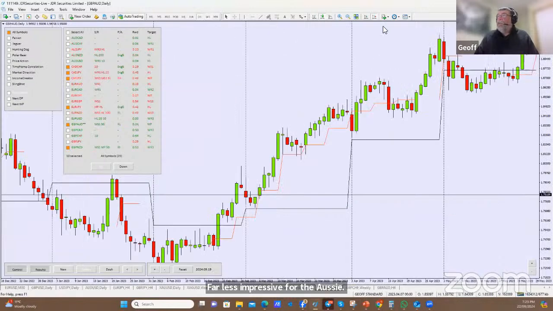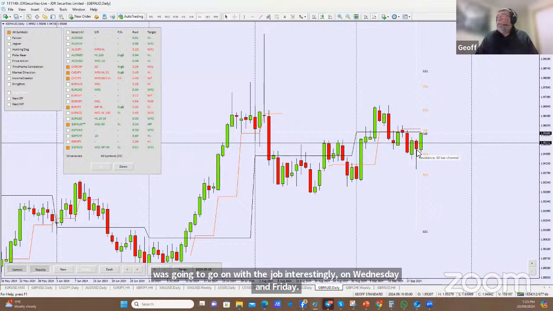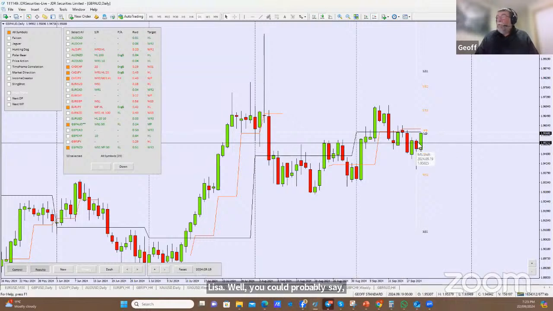If I go back to the daily chart, you'll see evidence of that, where Aussie was beating the pound quite substantially. It looked as though this was going to go on with the job. Interestingly, on Wednesday and Friday, we saw, well, you could probably say throw Thursday into that as well, because it is a big reversal bar.